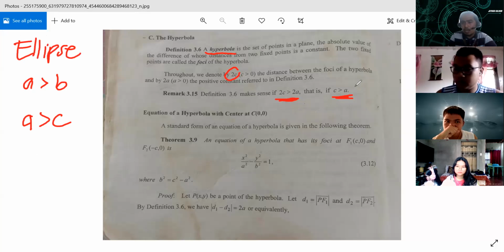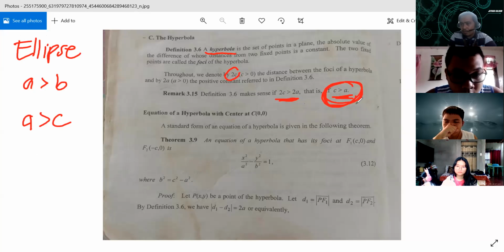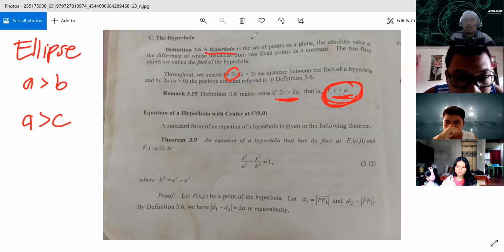For the hyperbola, c is now greater than a, and it is not necessary that b is greater than a. So all you have to remember is that the positive value in your numerical coefficient will be the value for your a.